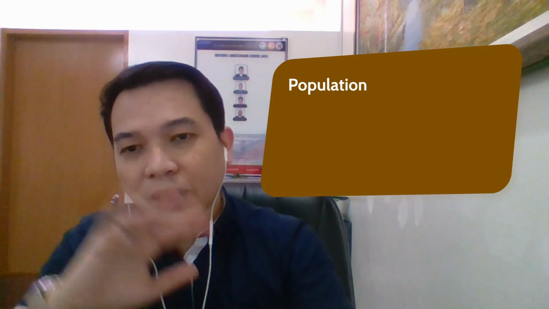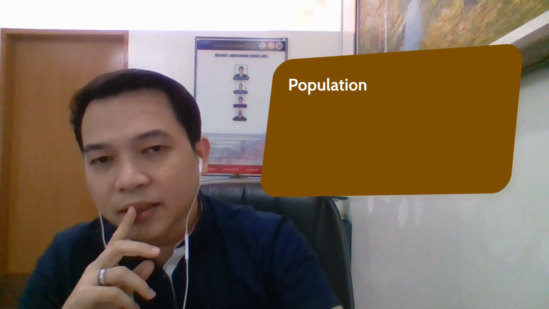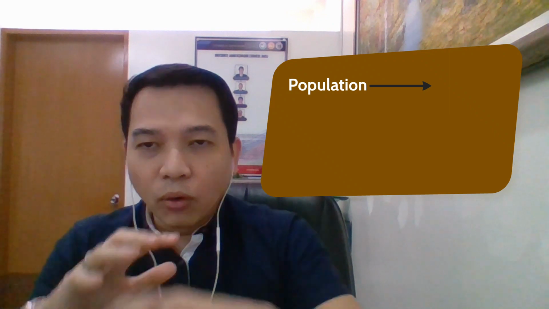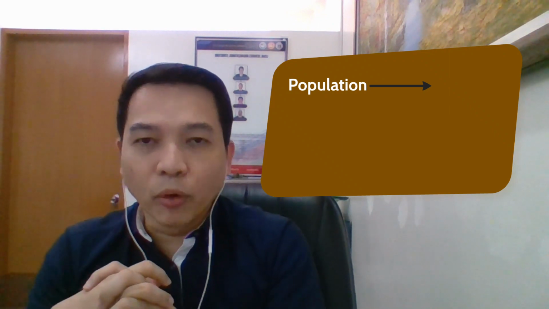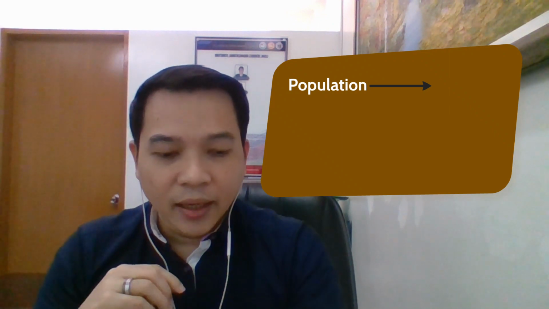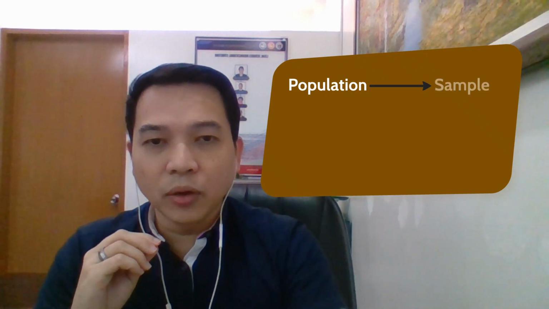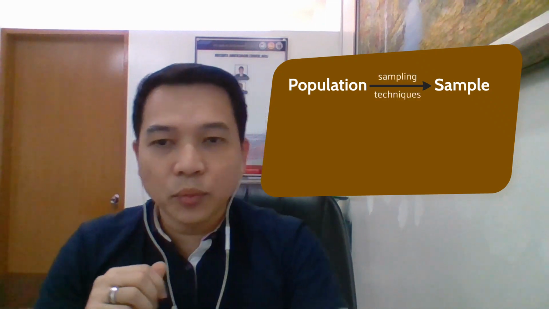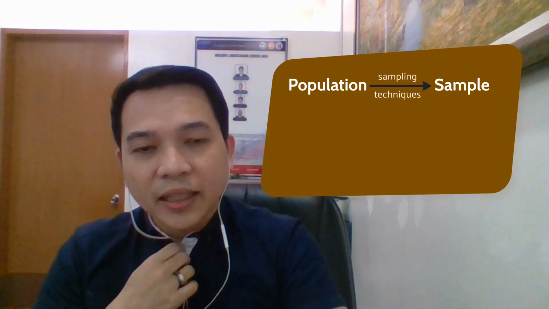So to give you the entire picture here of these concepts, population is the entire element or all the components that we wanted to study. And from the population, we only select the sample. The process of extracting the sample is what we call the sampling procedure or technique.